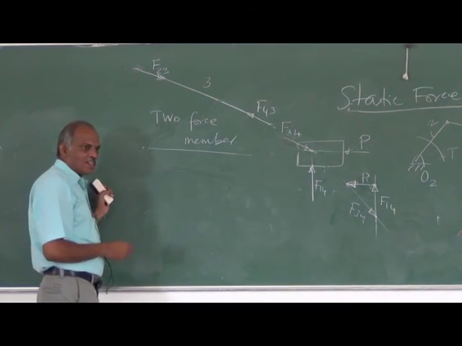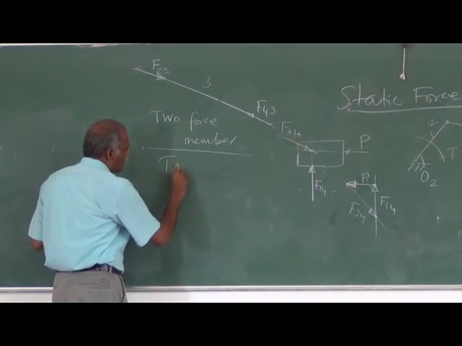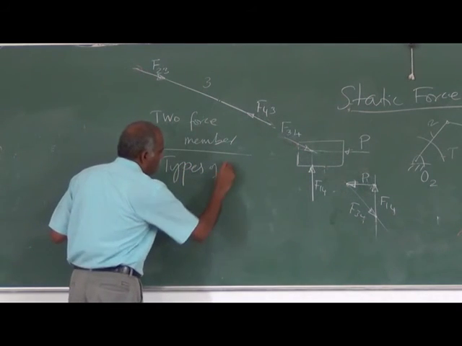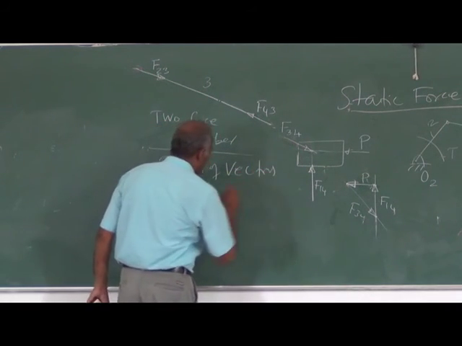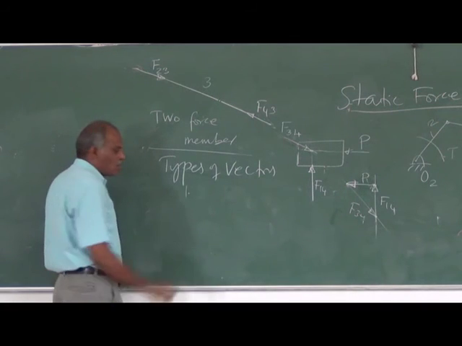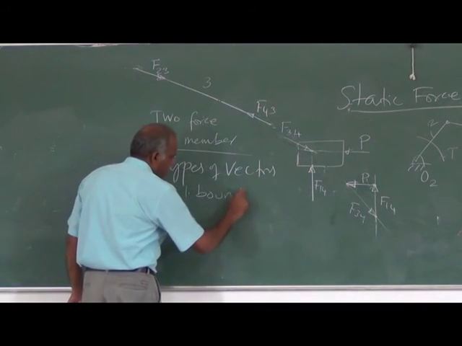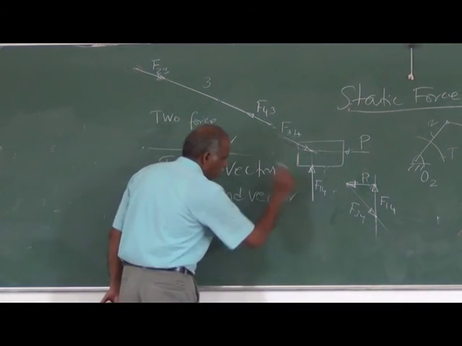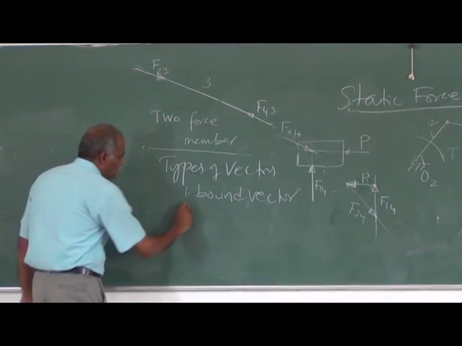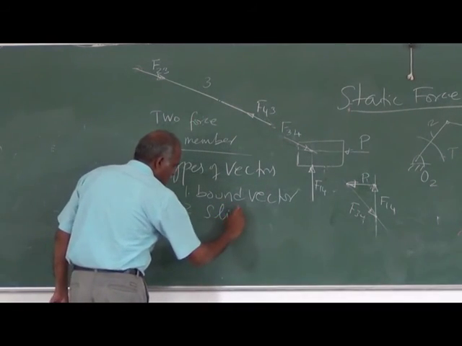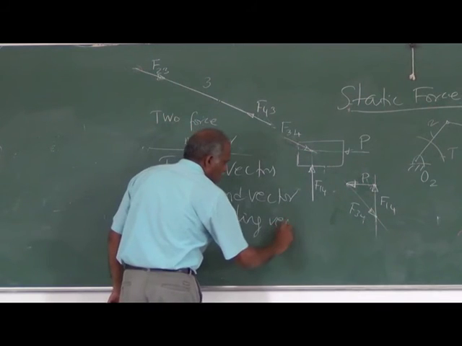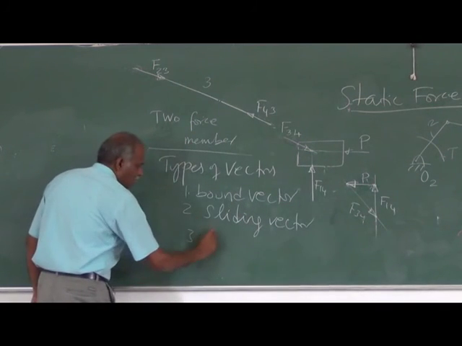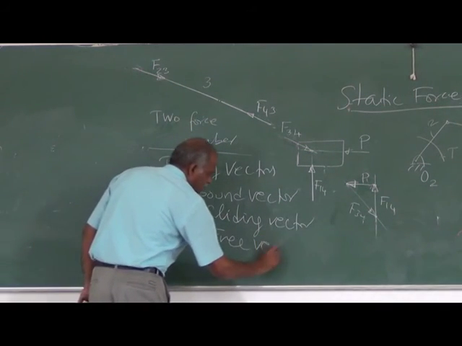So three types of vectors are there. One is a bound vector, the other one is a sliding vector, and the other one is a free vector.